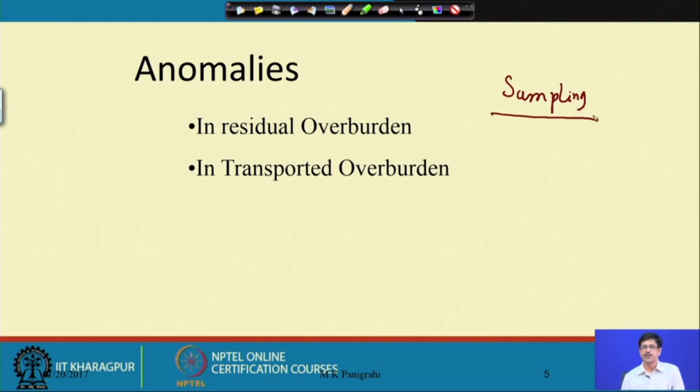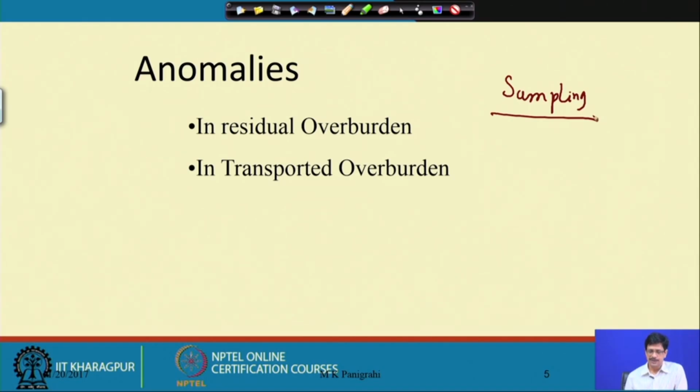This is one of the most important aspects of the geochemical prospecting program, because not only does the sampling have to be representative, any bias in the collection of samples will lead to erroneous results, and in addition to that, some sampling strategy should also be adopted to see to it that what we have sampled will give us the right information. I will just discuss them a little bit now.